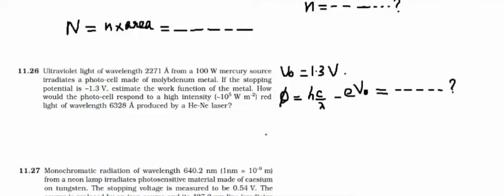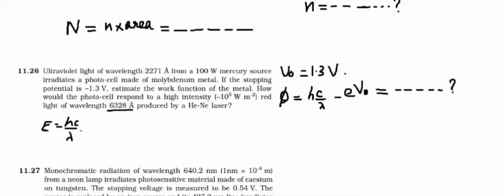There are different methods. Once you get the value of phi, you can calculate the energy corresponding to this wavelength using the formula E is equal to hc by lambda.